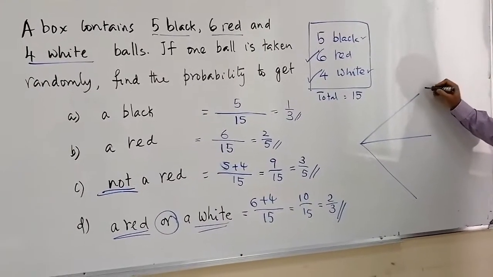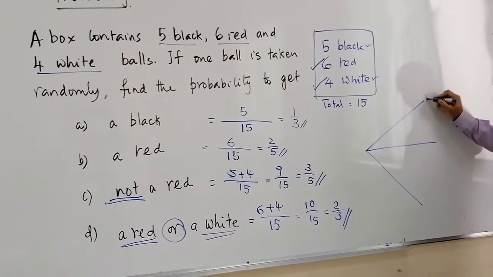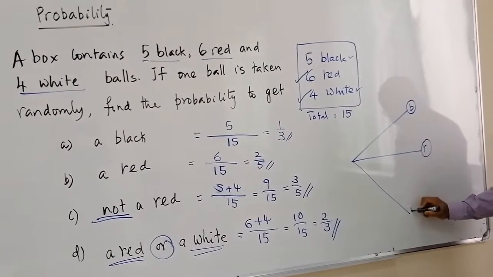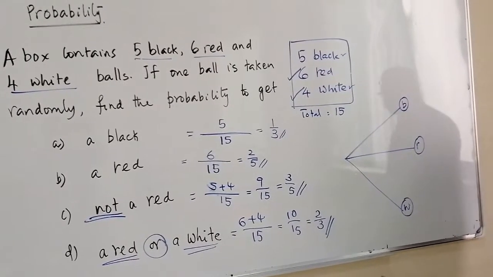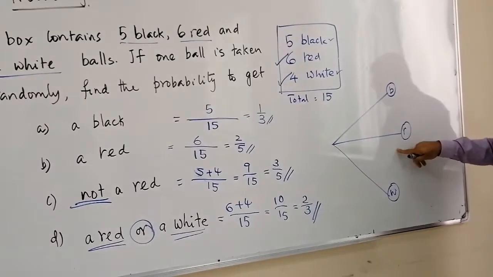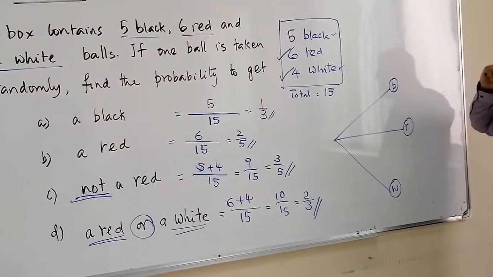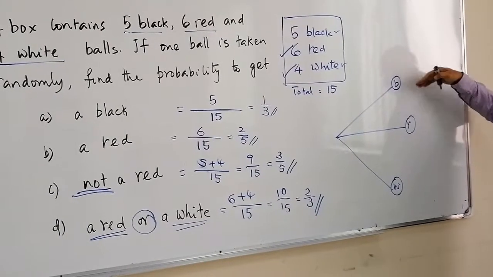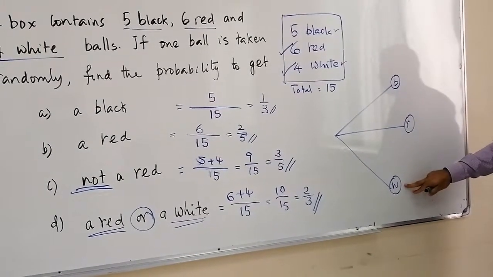We can represent it with the tree diagram. It can be a black ball, a red ball, or a white ball. So our experiment here, that means choosing a ball, we are representing with a tree diagram. When you select a ball, there are 3 possibilities: black, red, or white.